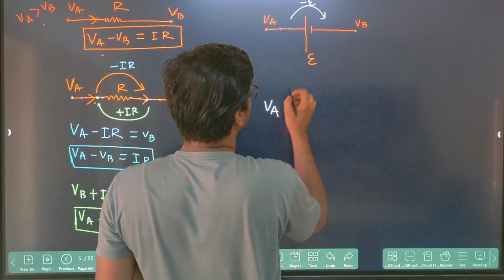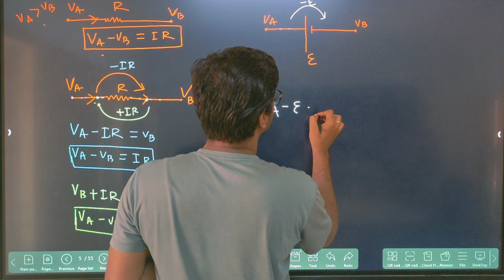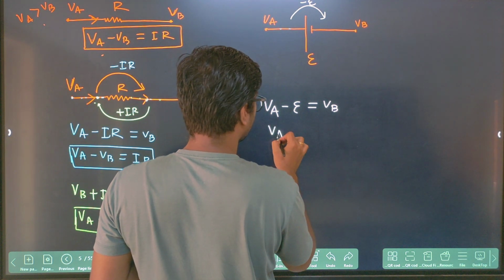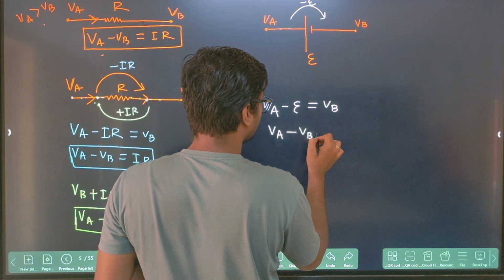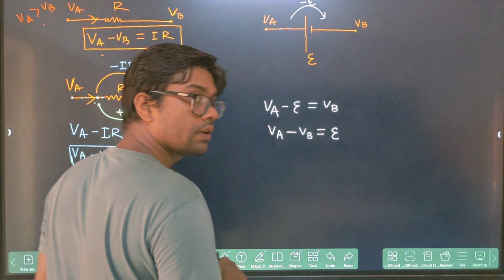As soon as you cross, you drop a potential, that is VA minus E is equal to your VB. So VA minus VB is your E.